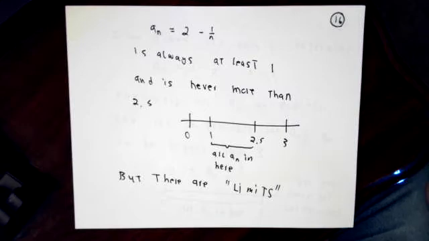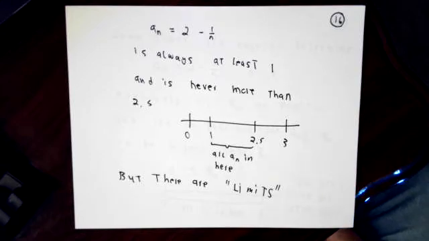So think of the sequence a sub n equals 2 minus 1 over n, where n can be 1, 2, 3, and so on. As n gets bigger, 1 over n gets smaller, so I'm subtracting smaller things from the 2. I think it's pretty clear that a sub n is always at least 1.